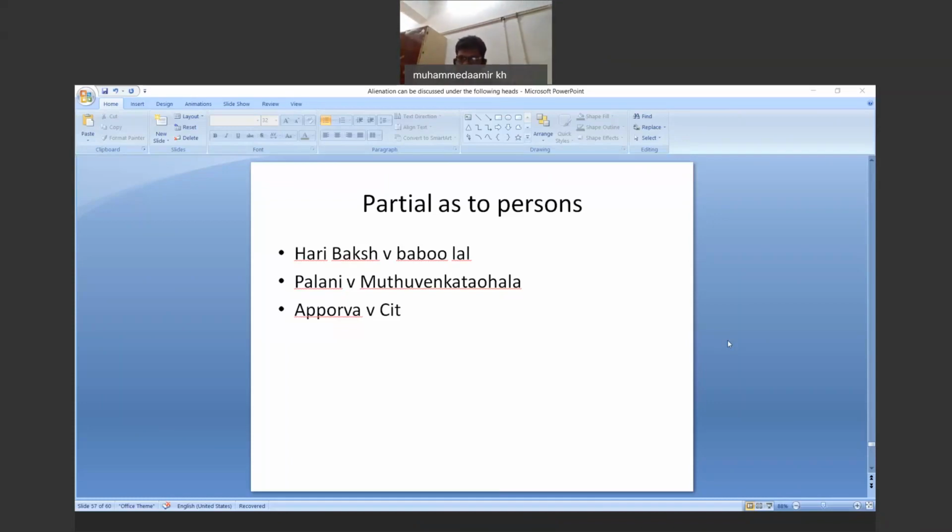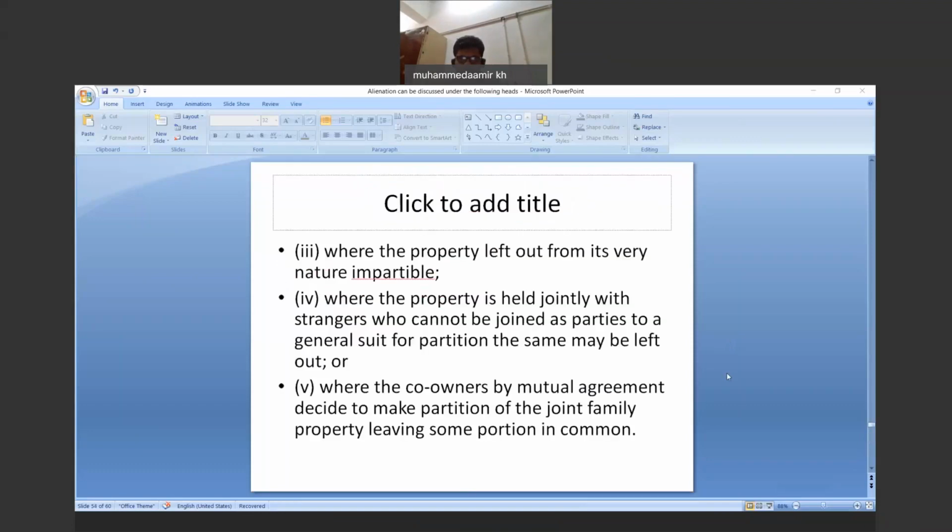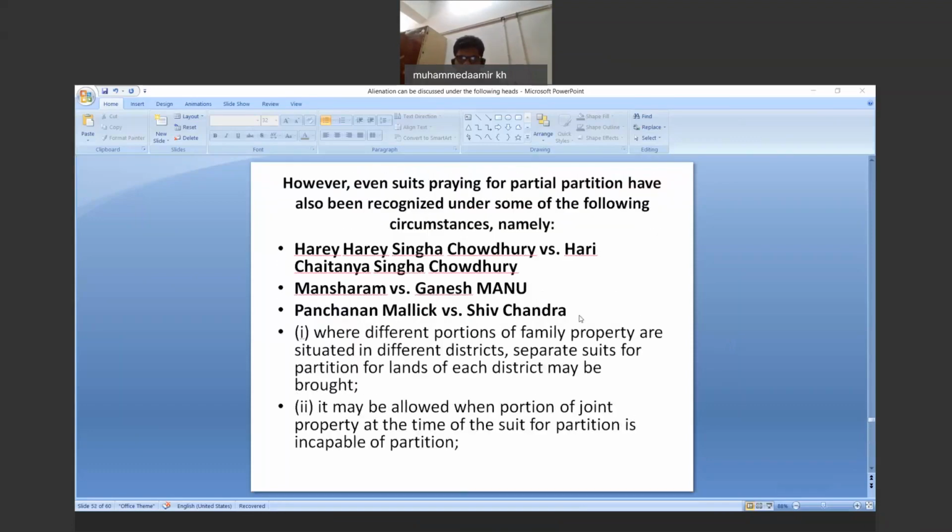So these are the cases in which this particular thing has been discussed. And also, as I told you, when I was discussing these particular cases, the gist was discussed, which I brought to you. There are a few principles which have been recognized for suits for partial partition.